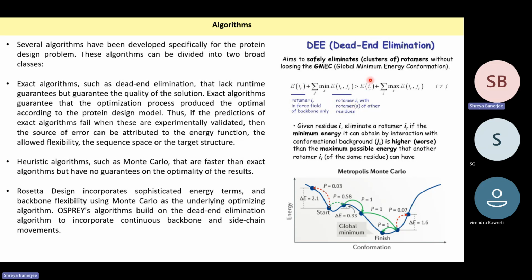Given a residue I, it can have different rotamers. Let us look at two rotamers. One is IR, another is IT. So if the minimum energy of the interaction of rotamer IR with the other residues is greater than the maximum energy of the rotamer IT, then the previous rotamer is eliminated.